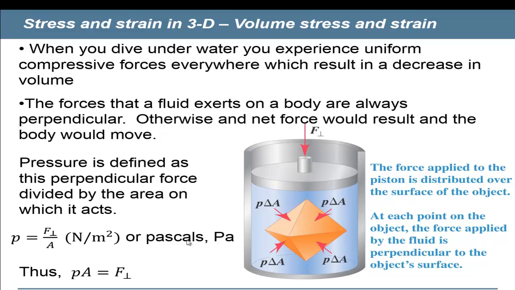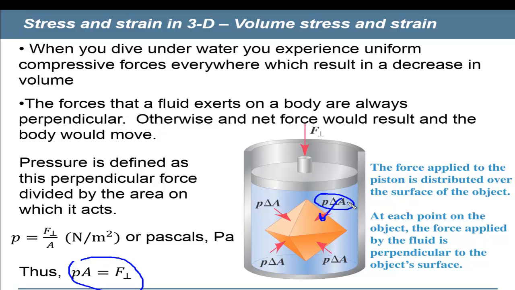Then we can algebraically just solve that and say that force must then be the pressure times the area, right? So the force here is actually the pressure times the area. Pressure times area is our perpendicular force.